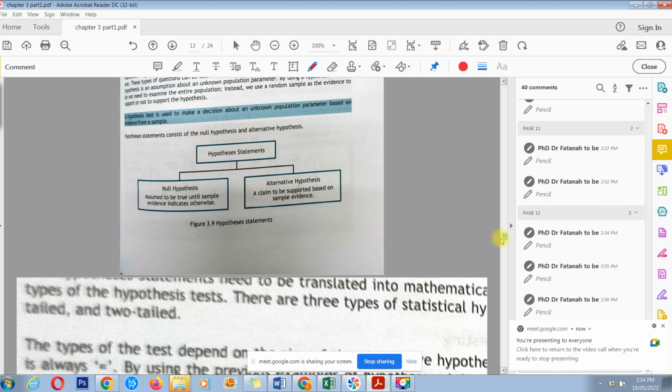For the null hypothesis, we assume it to be true until the sample evidence indicates otherwise. And the alternative hypothesis is a claim to support based on the sample evidence.